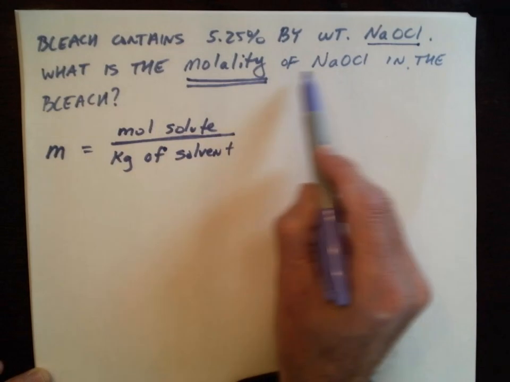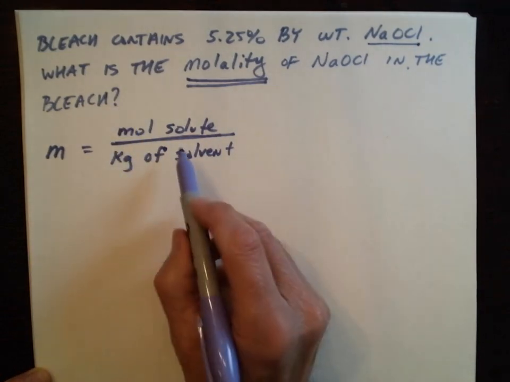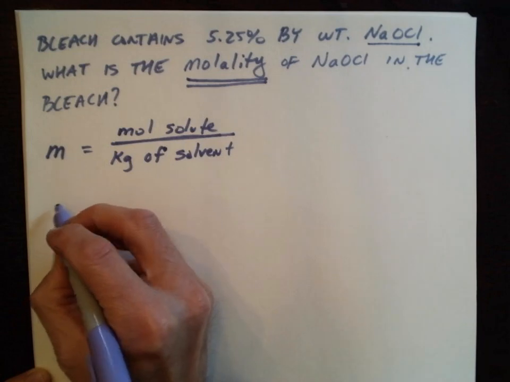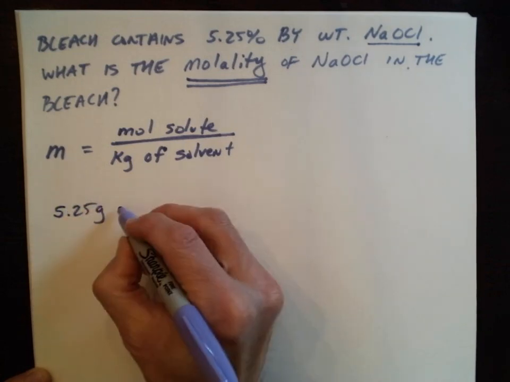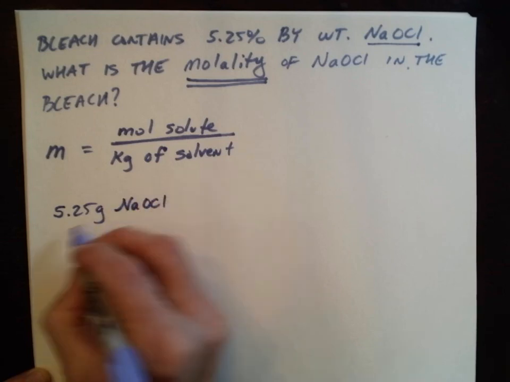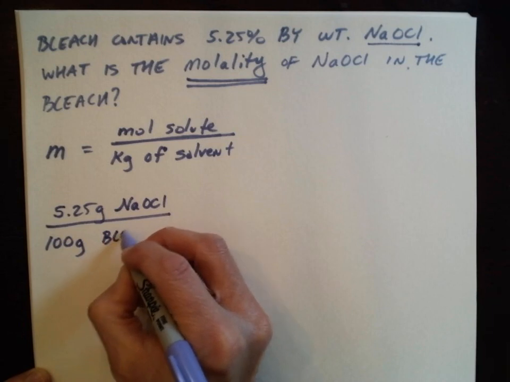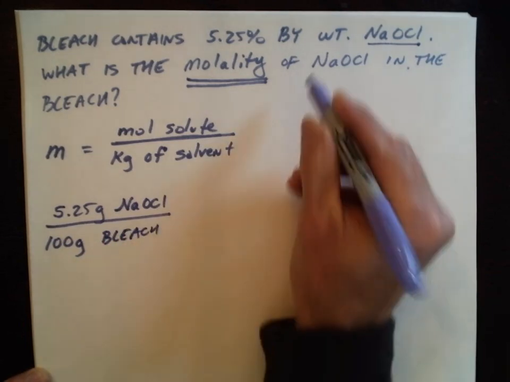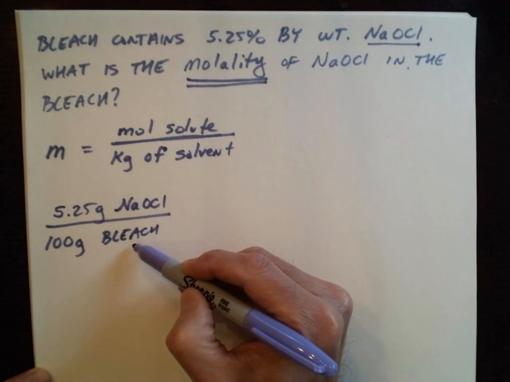What's the molality of sodium hypochlorite in the bleach? So we can write that we know that we have 5.25 grams of sodium hypochlorite for every 100 grams of bleach. We get this from the definition of weight percent, grams of solute for every gram of solution.